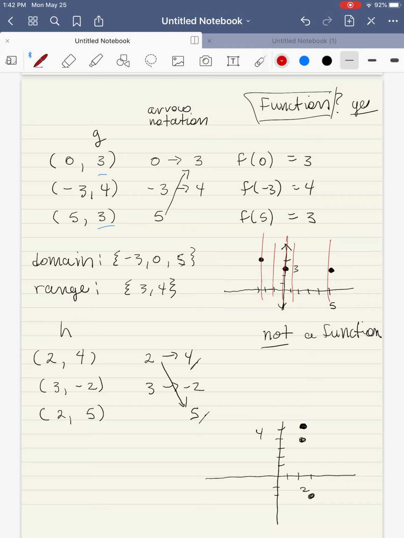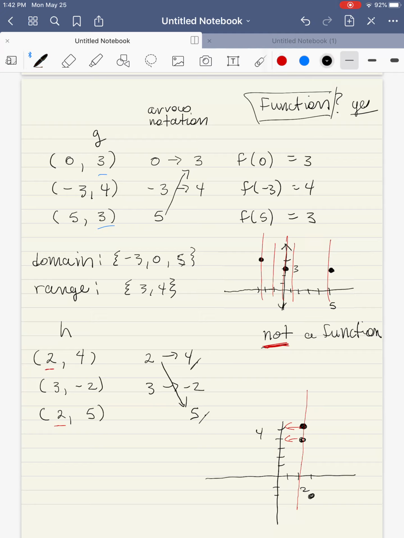And notice that if I try my vertical line test, I am touching the graph 2 times, which gives me 2 different values of y, 4 and 5. So I can see that this is not a function using the vertical line test, or by noticing that my x repeats here in my ordered pairs.